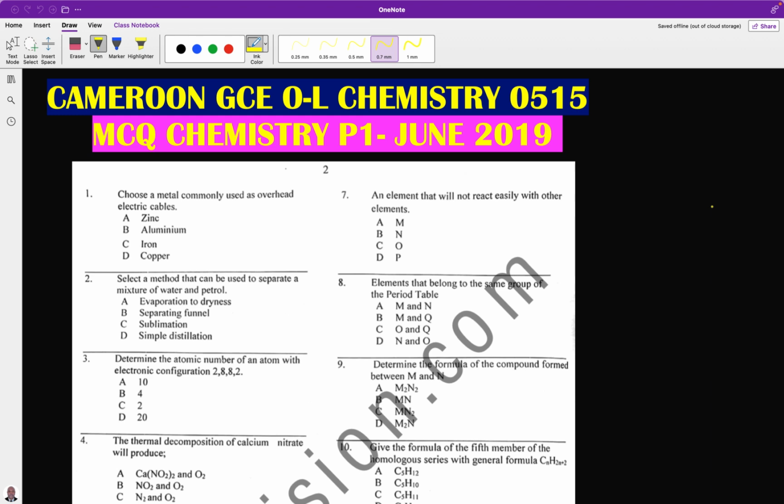Let's start straight away with question number 1. Choose a metal commonly used as overhead electric cable. We have zinc, aluminum, iron, and copper.